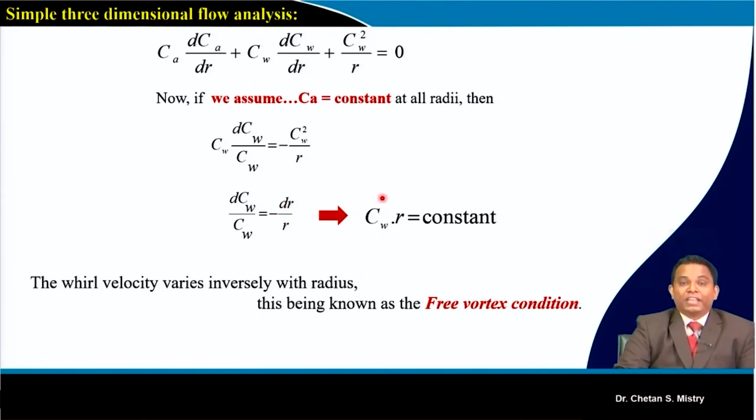Written in simplified form, Cw into r is constant. If you recall from fluid mechanics or aerodynamics, Cw into r equal to constant is defined as a free vortex flow. So we are coming to a stage where I call this condition the free vortex condition.